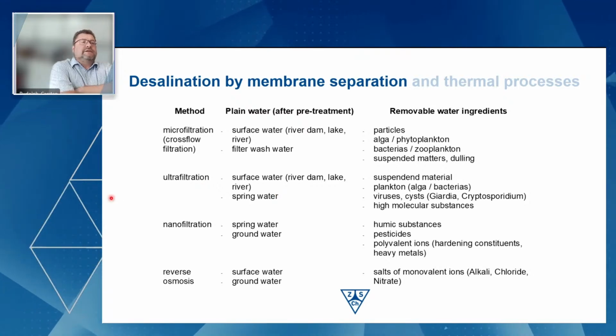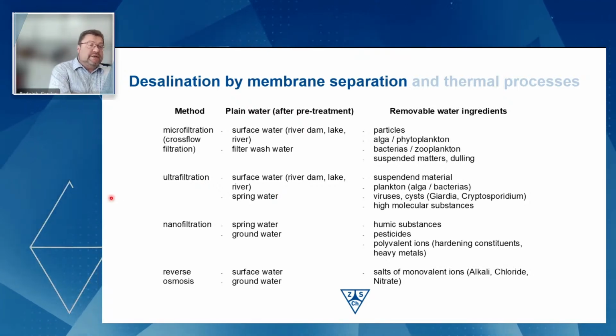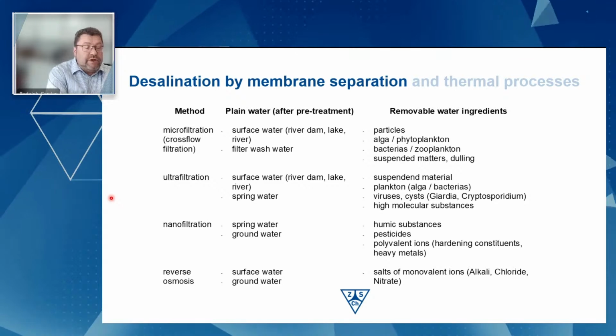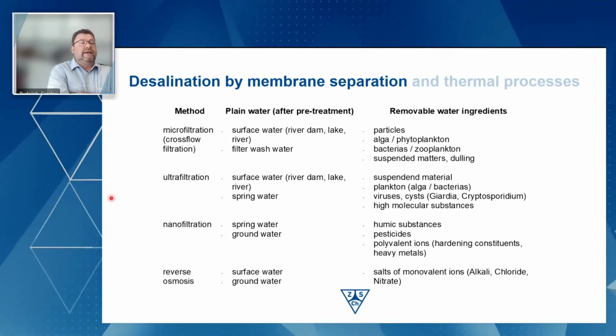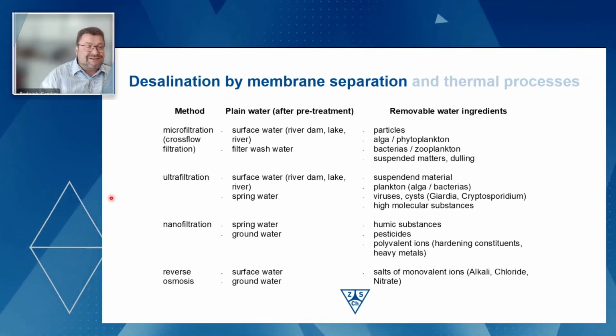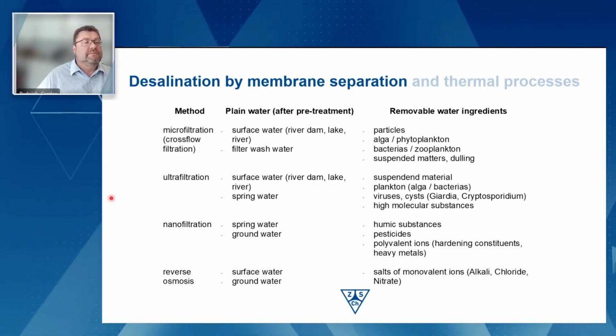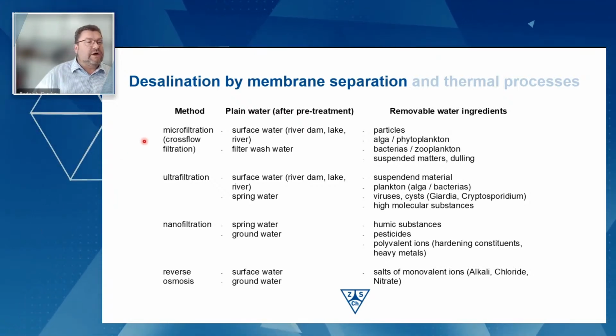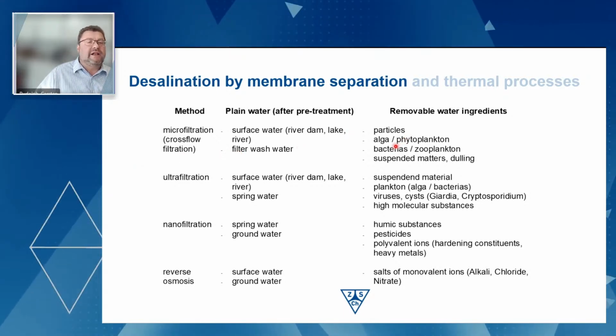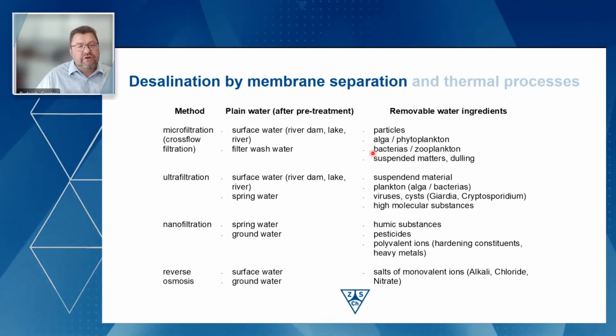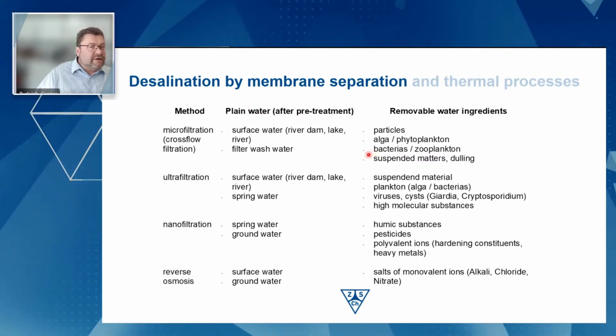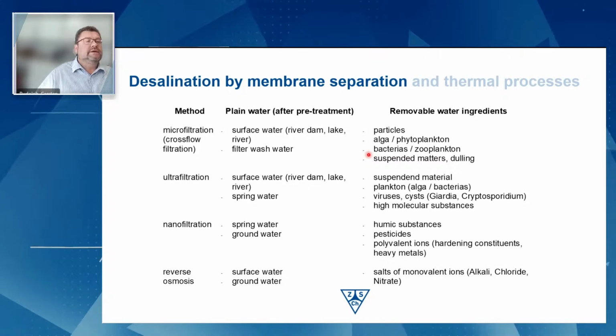If you speak about desalination by membrane separation, we have different classes of membranes. The roughest one is microfiltration. With microfiltration, particles, algae, and bacteria or suspended matter are filtered out.